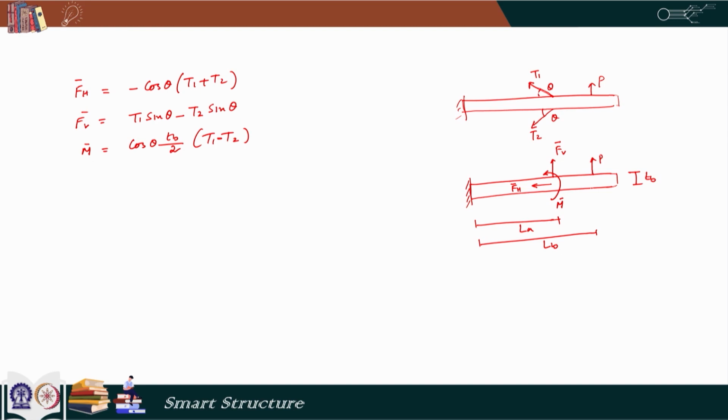Now, considering all these forces that are applied, the variational form of the beam looks like this.